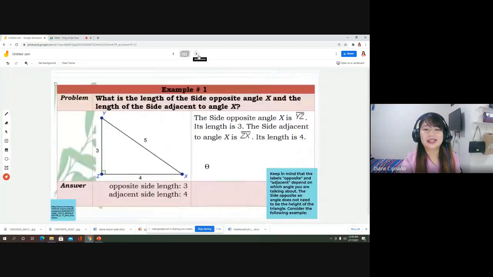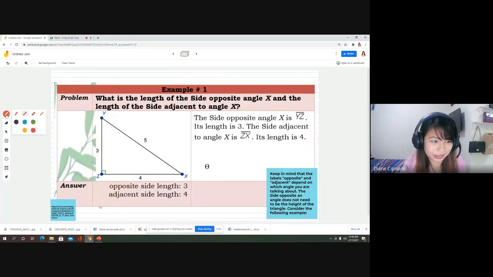Let's proceed with our slide number 13. Okay. On our slide number 13, we have here the problem. So in problem number 1, or our example number 1, what is the length of the side opposite angle X and the length of the side adjacent to angle X? So we are referring to the angle X. So this is your angle X, okay?